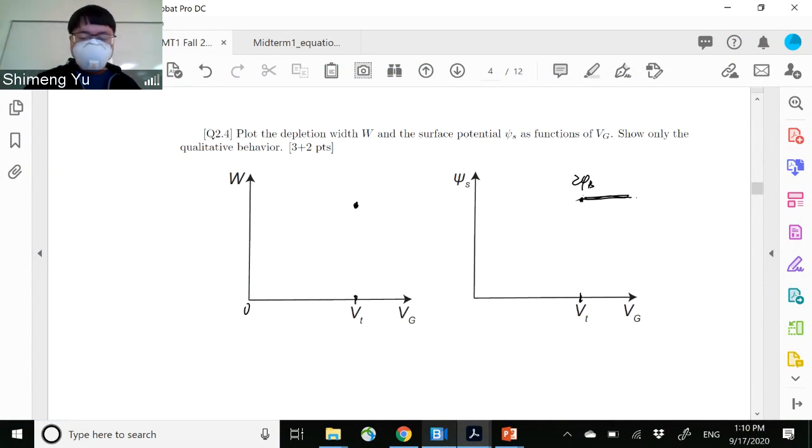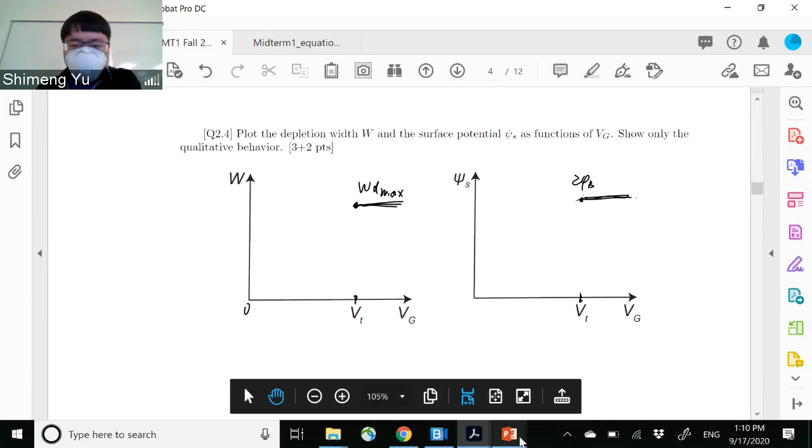And also we have the similar conclusion saying that above the Vt, the depletion width also reaches the maximum, Wd max. So also almost no change. So those are two key conclusions from the lecture 8. And then the question is from 0 to Vt, then this part.